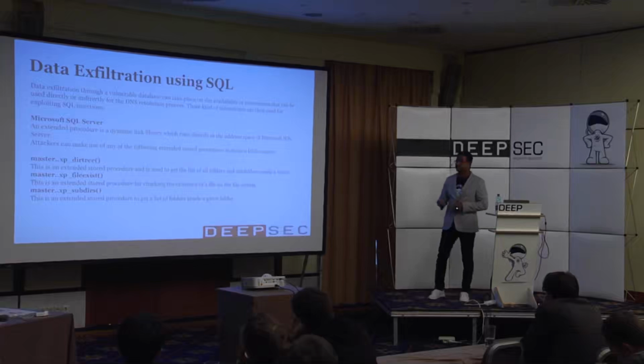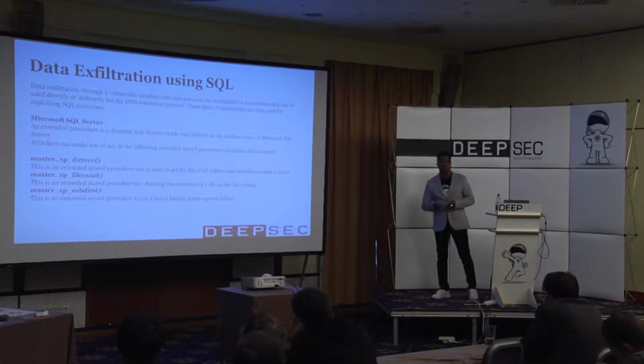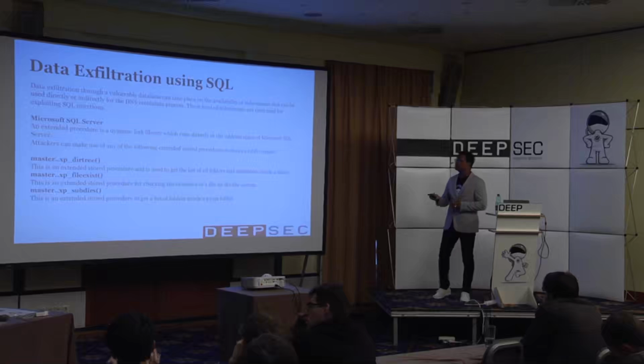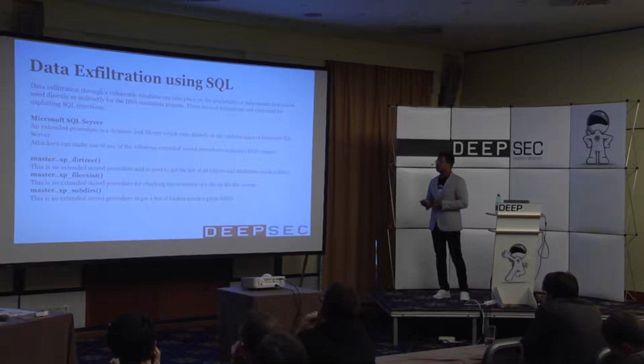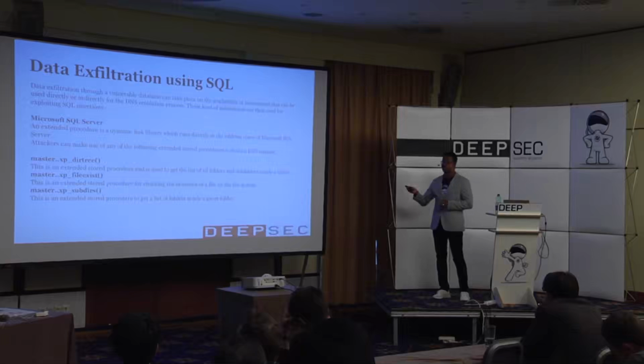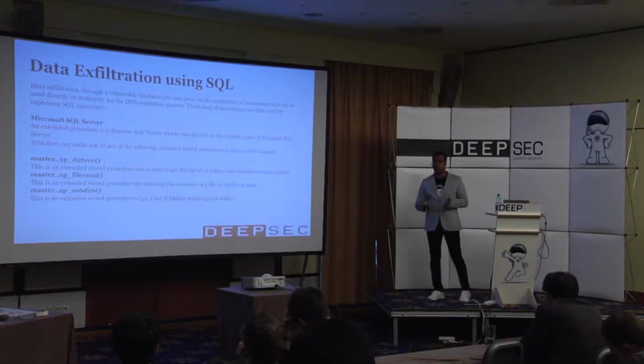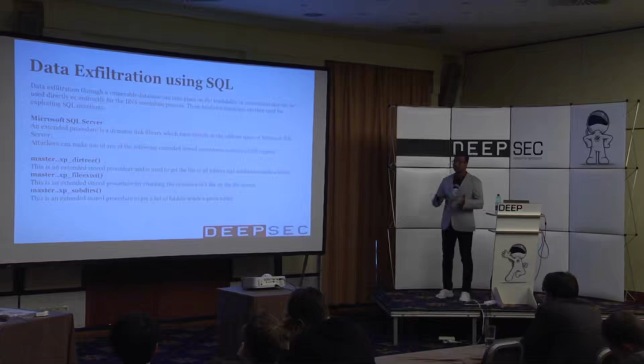How can we exfiltrate data using some of the functions that are provided in most of the well-known databases, like SQL Server. In SQL Server, we have some functions like directory, file exist, subdirectory. Directory is basically listing all the folders and subfolders. File exist is used to check if a file exists or doesn't exist, and the subdirectory is just to list the subfolders.